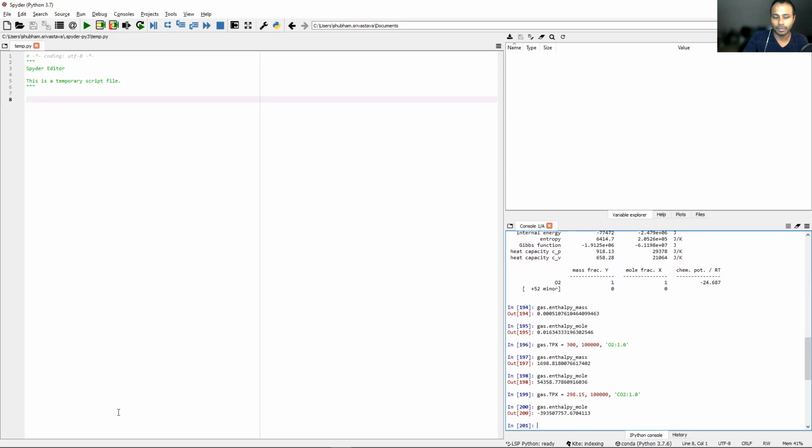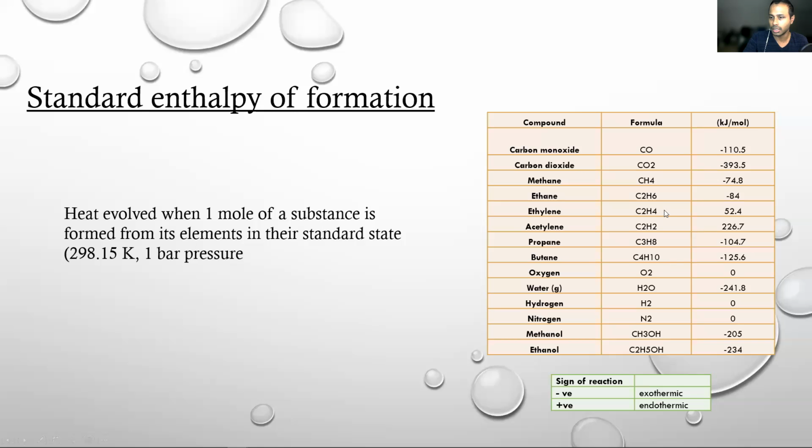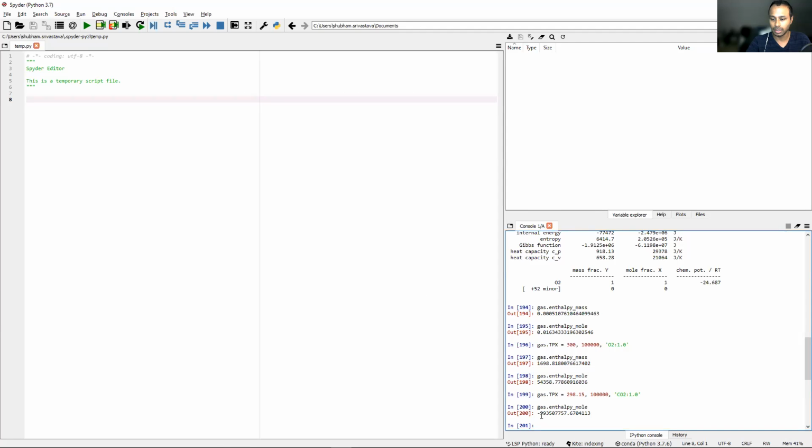Right. Now, if we go back to the presentation, you see here, carbon dioxide has minus 393.5 kilojoule per mole of enthalpy of formation. And if we go back to Cantera, you will see this is joules per kilomole.